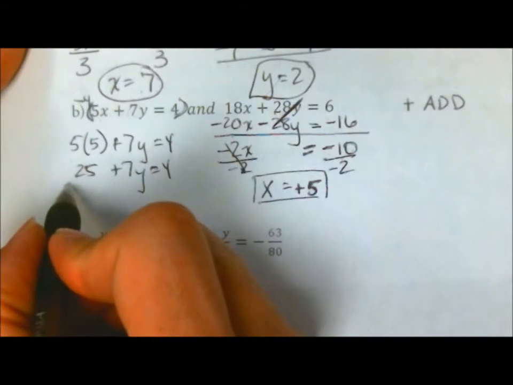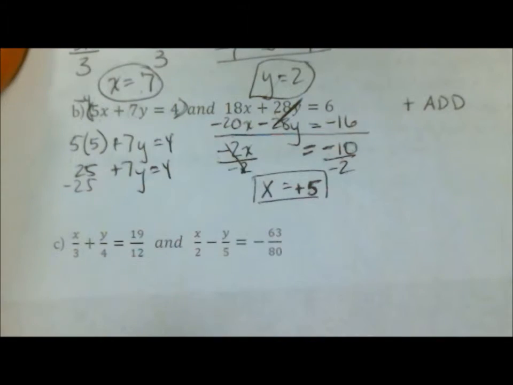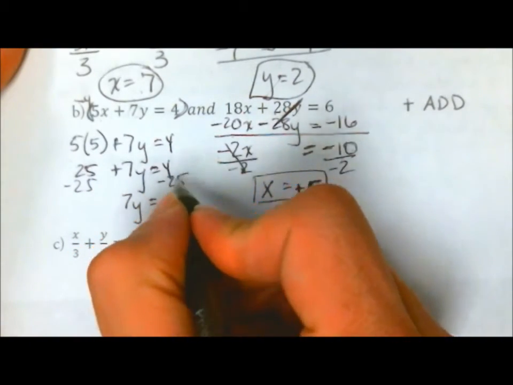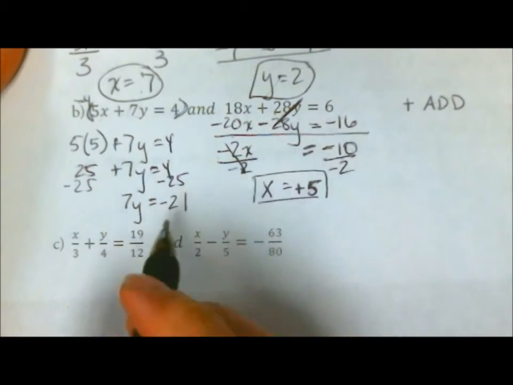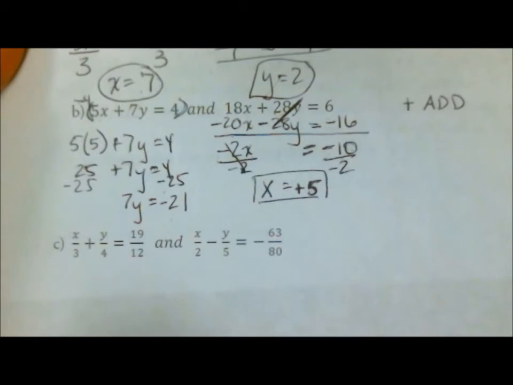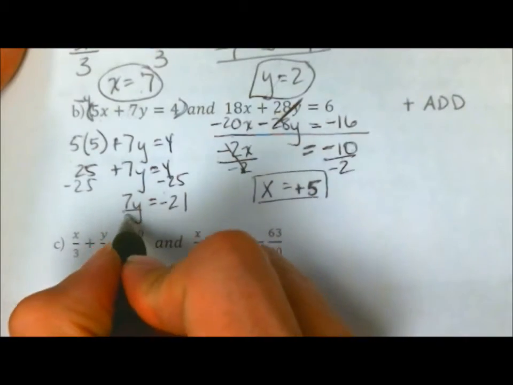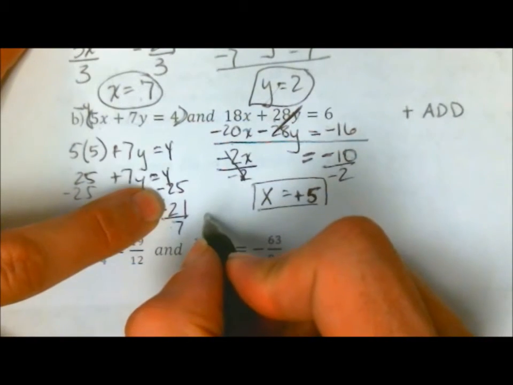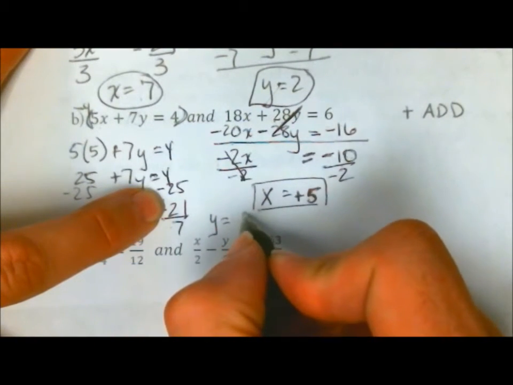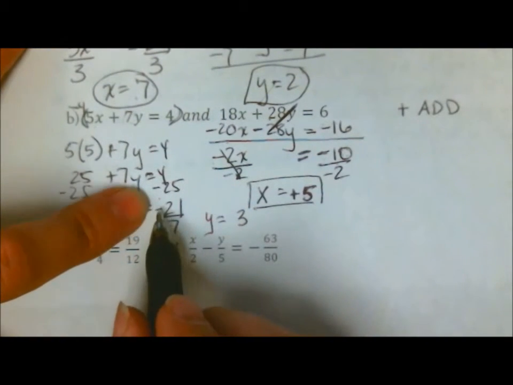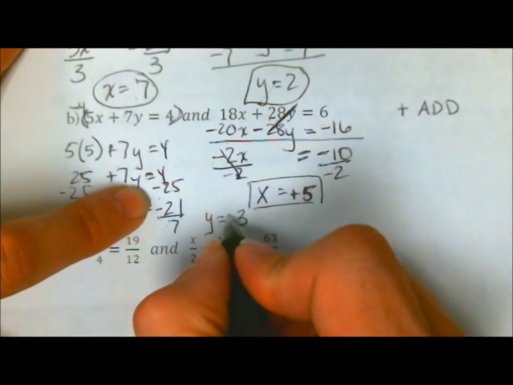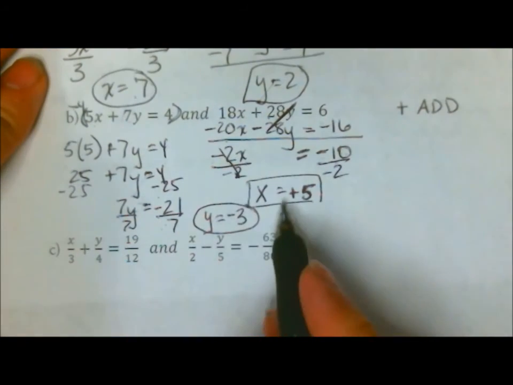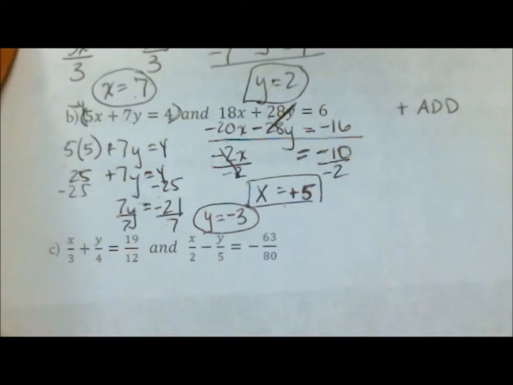If I subtract 25 from both sides, I get 7y equals a negative 21. 4 minus 25 is a negative 21. Divide both sides by 7, and I recognize that 21 divided by 7 is 3. And I recognize that a negative divided by a positive is a negative. Notice I did that one thing at a time. I now have my x value as a positive 5 and my y value as a negative 3.